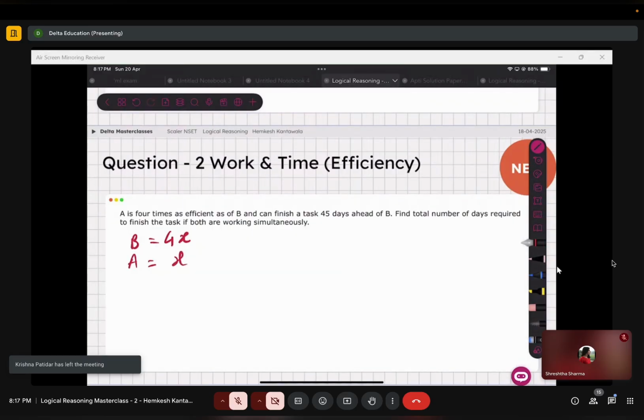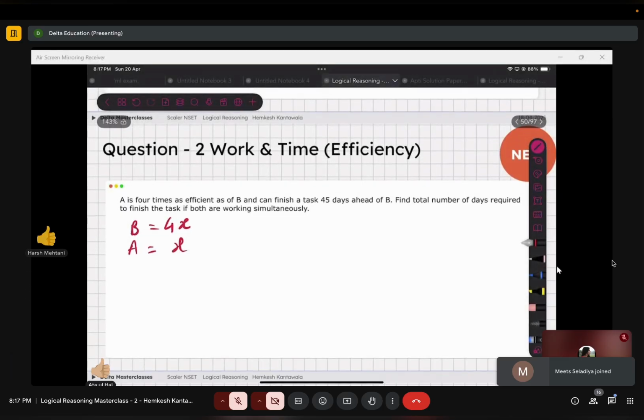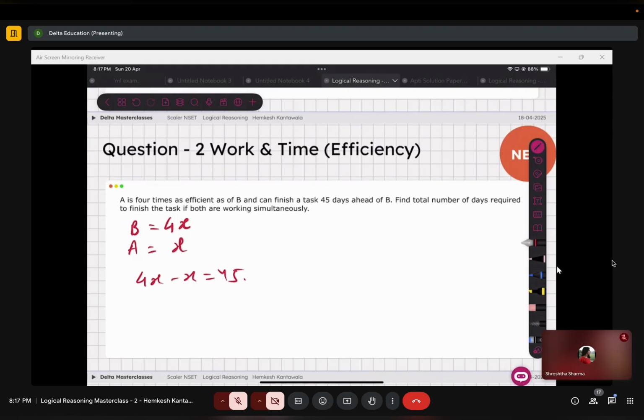This is correct. Any doubts here? If this is correct, then it is asked in the question that A, being 4 times as efficient as B, can finish a task 45 days ahead of B. So 4x minus x is 45, because if B is taking 4x days and A is taking x days, then B is taking 45 days more than A. We can frame this equation like this.